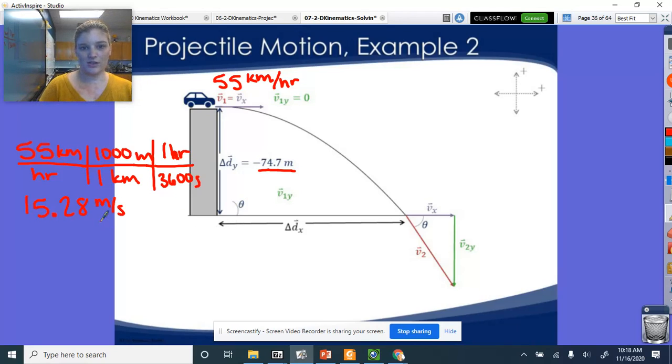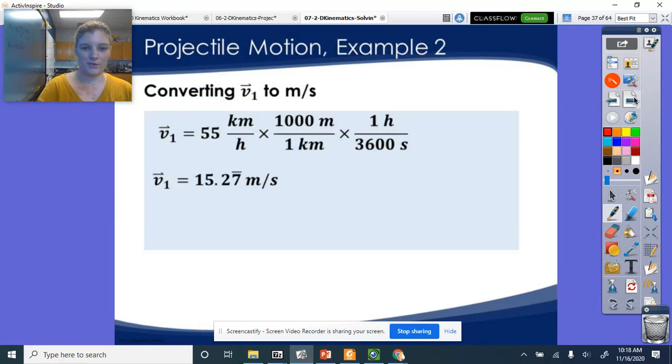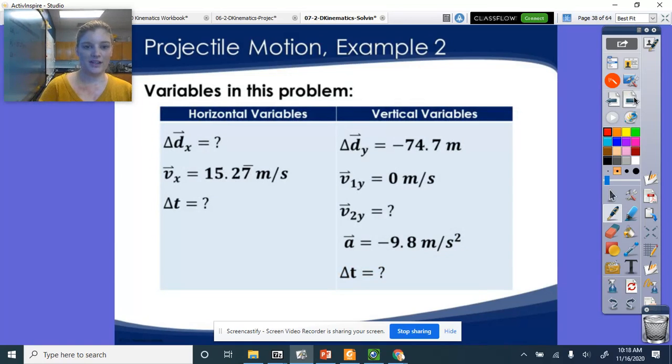So outside of those two numbers, I really don't know anything else. So I've got to figure it out. So where do we go from here? There's the conversion we've got. And then we're going to fill in our variables. So on the horizontal side, I know my horizontal velocity. In the vertical side, I know my displacement because I'm falling 74.7 meters.